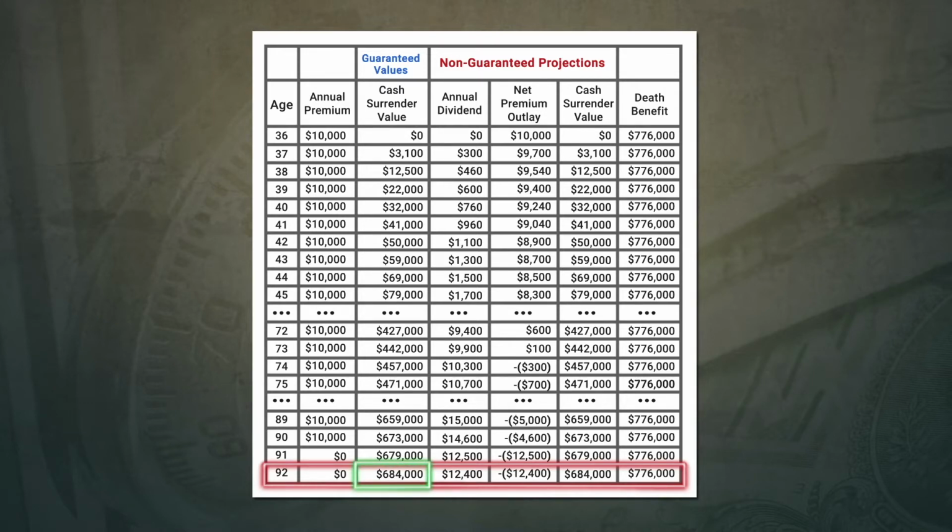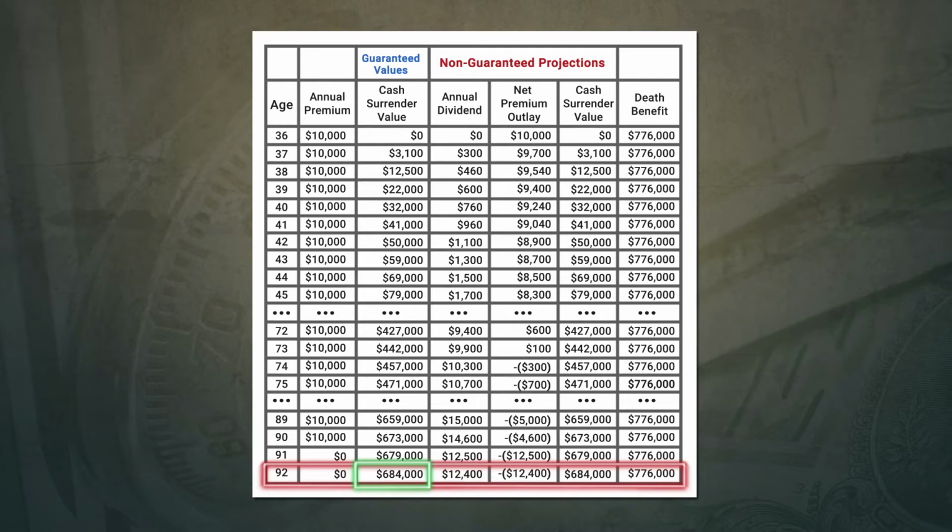I don't have it shown here just because it was too much to fit, but the way these policies are designed, if you let them run out to the full maturity point, you would see the cash surrender value gradually rise and ultimately equal the death benefit. So for this policy, which I believe was designed to mature at age 121, that guaranteed cash surrender value would keep going up year after year.